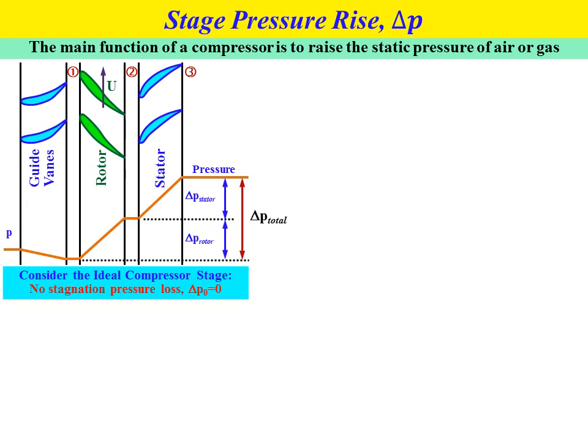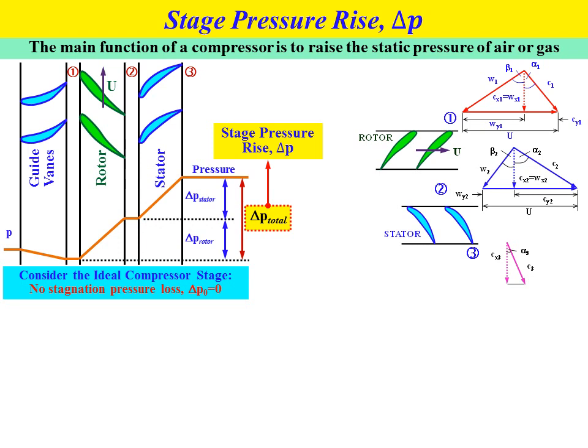If you combine both values, we'll get delta P total, the pressure rise in the stage of the compressor. This total pressure rise, delta P total, represents the stage pressure rise, delta P.